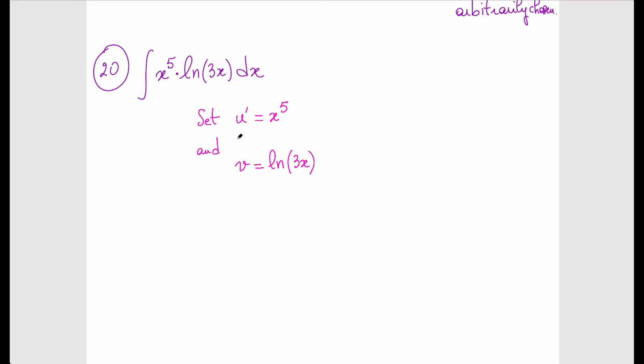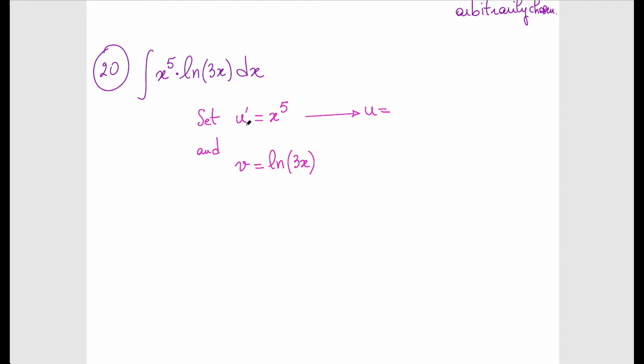If you try the other way, if you try v to be x to the power 5 and u prime to be ln of 3x, then you would have to integrate to go to u, right? So to go to u, you would have to integrate ln of 3x, which is not an easy integral to do. As a matter of fact, if you want to integrate ln of 3x, you have to go through the integration by parts formula.